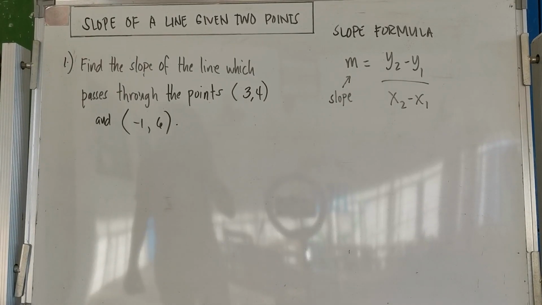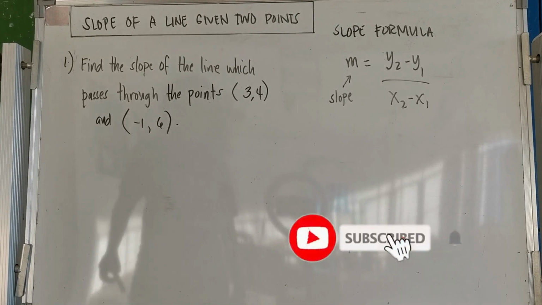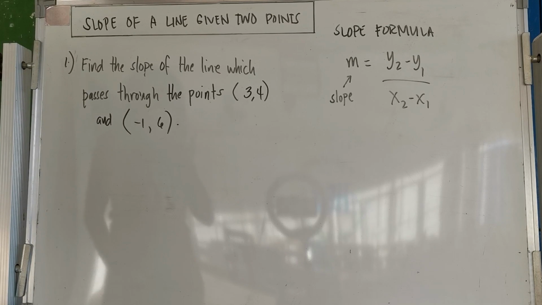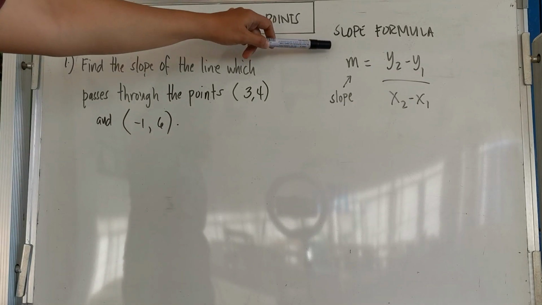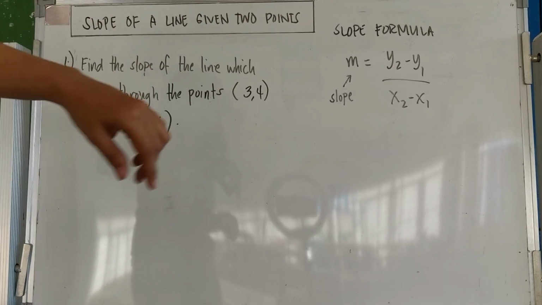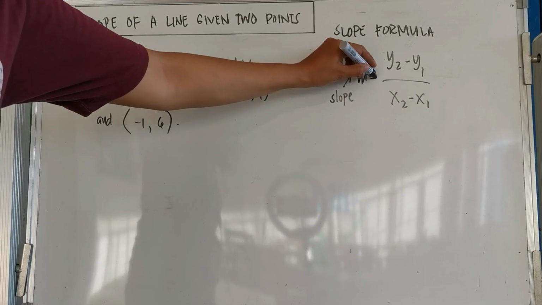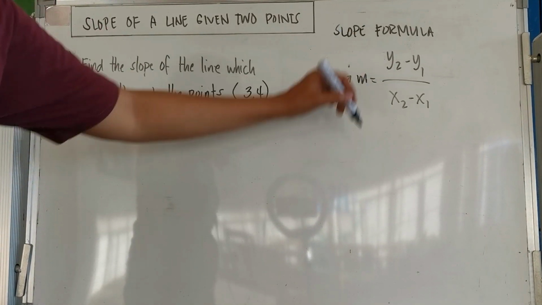Okay, for our first example, we have find the slope of the line which passes through the points 3, 4 and negative 1, 6. So take note that ito ang ating gagamiting formula. We have m is equal to y sub 2 minus y sub 1 over x sub 2 minus x sub 1.